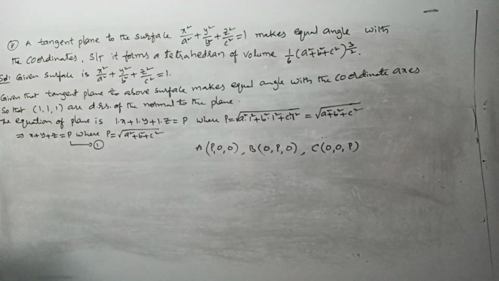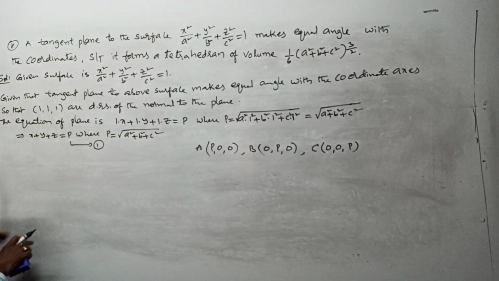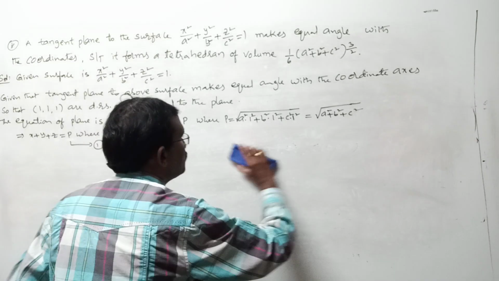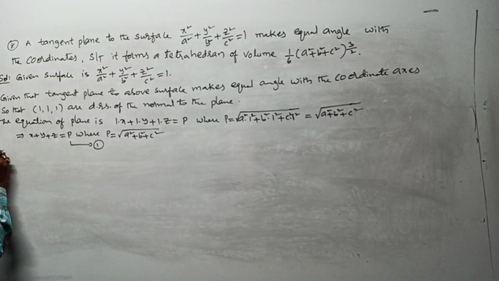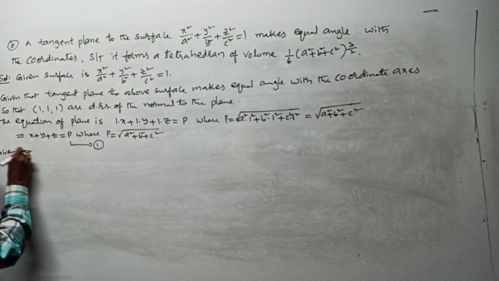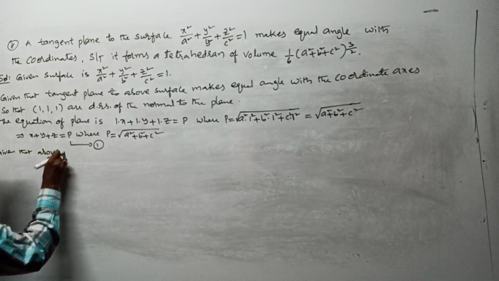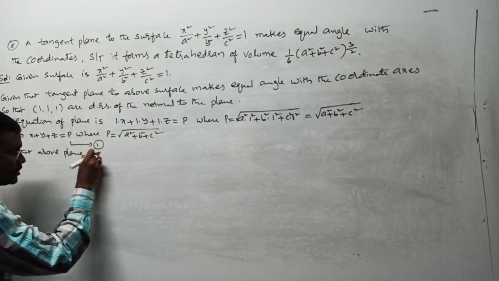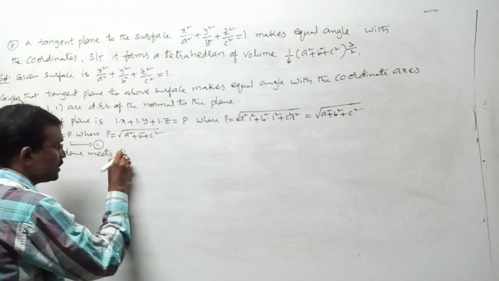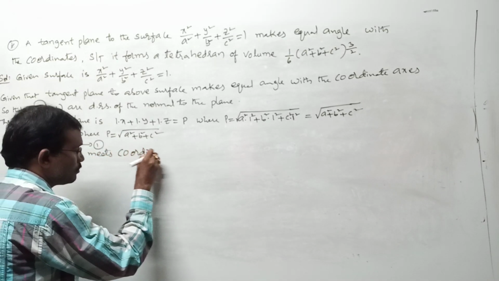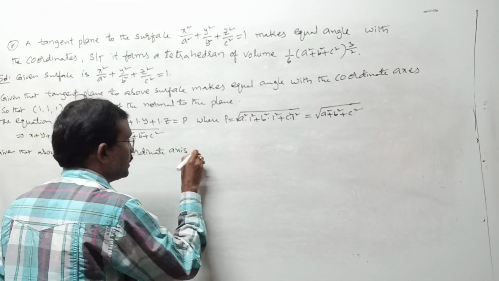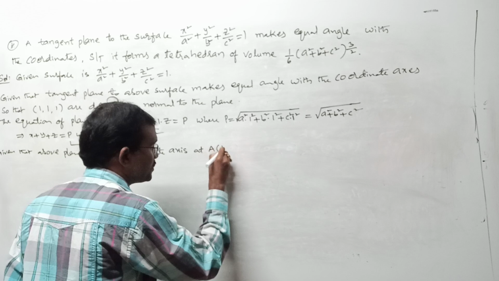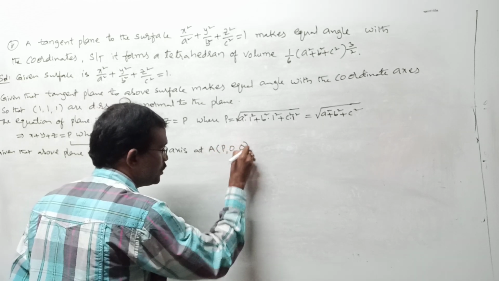That we write in the next step. Given that the above plane meets the coordinate axes at A, the x axis, as I already explained, is (p, 0, 0).